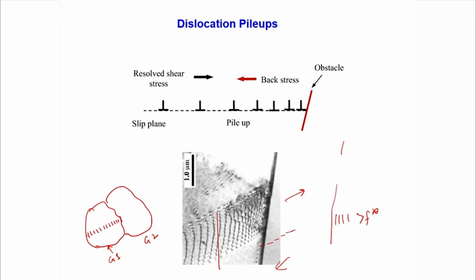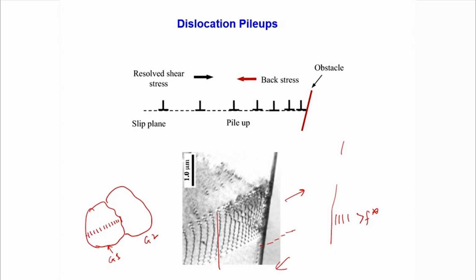When that happens, if one of the persons standing in that queue moves backward, not forward, there will be a kind of force acting on the person standing nearby, and this will percolate, or slowly move from one to the other, and then there will be back stress created. Okay, some kind of force acting on that. That is what you can clearly see, and this back stress basically creates strengthening.